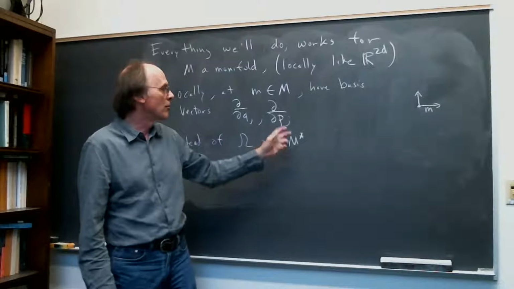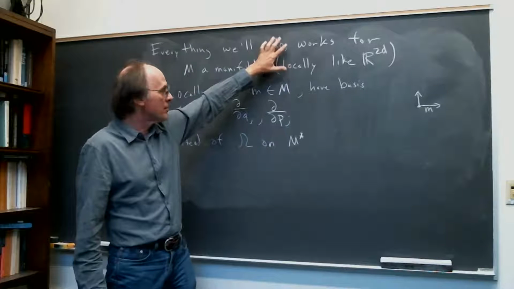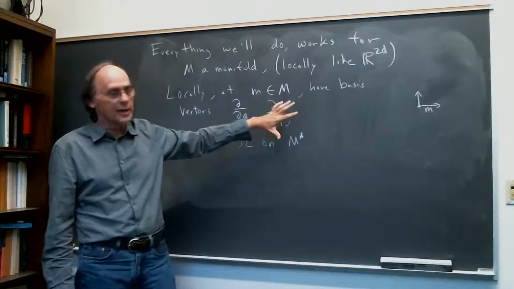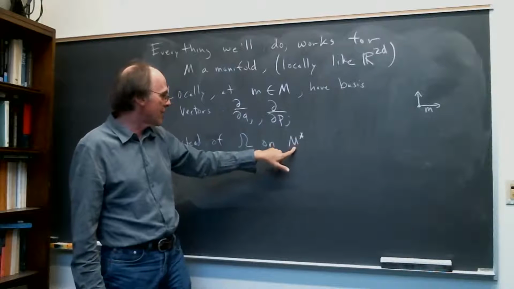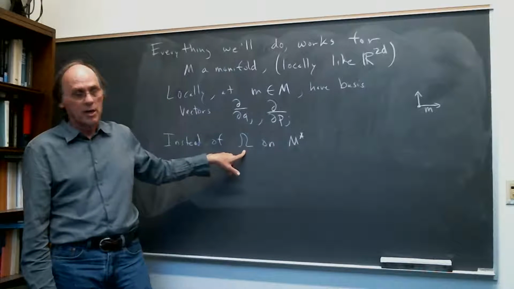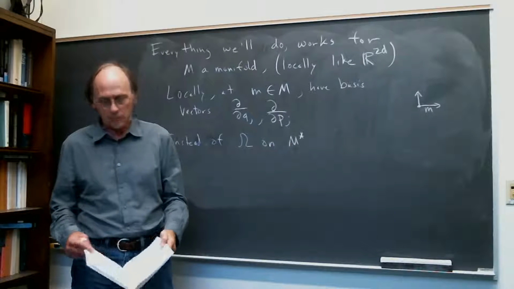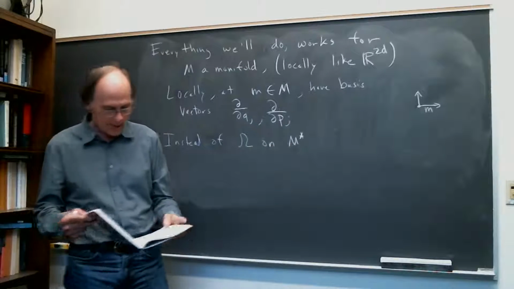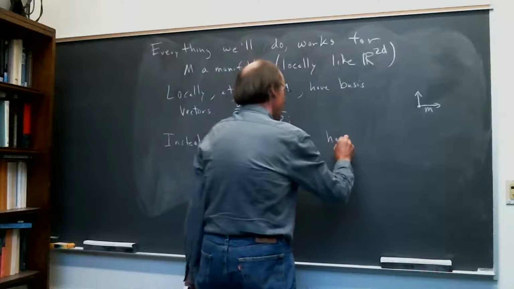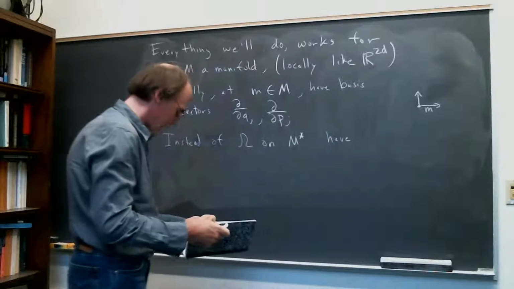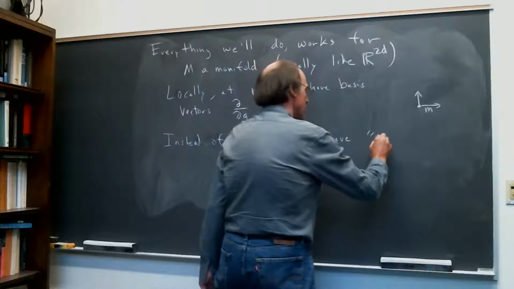So in general, what I'm trying to say works in general, and in general you don't have this and you don't have this. But the information that corresponds to the Poisson bracket is that you have what's called a symplectic form.